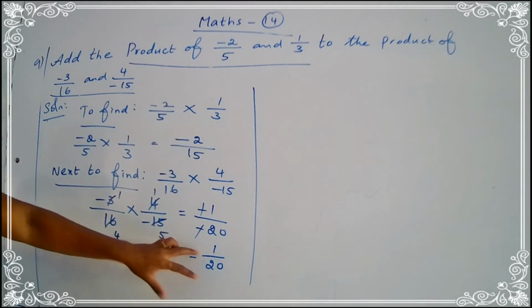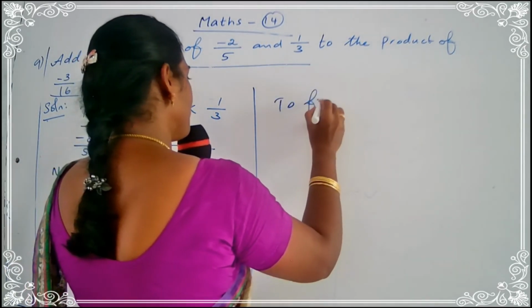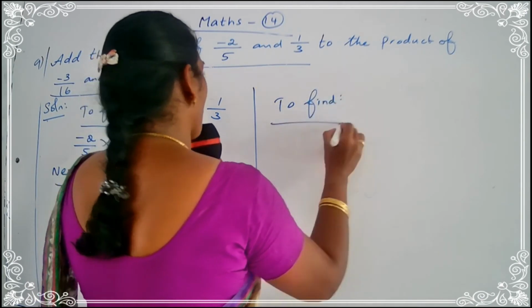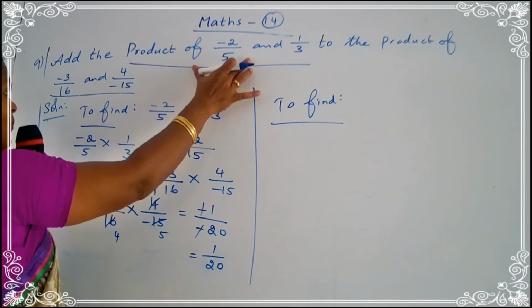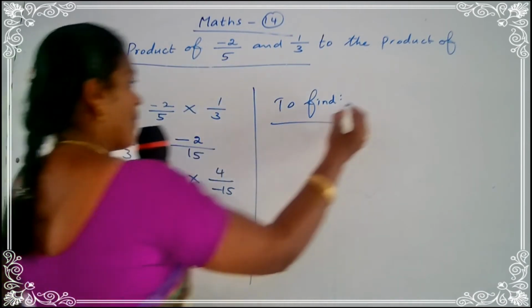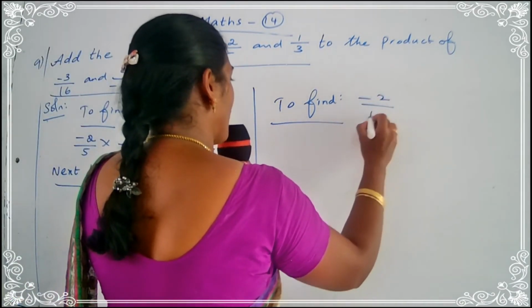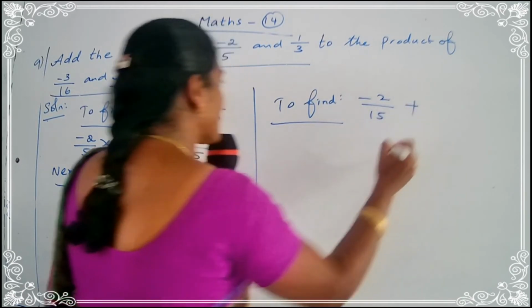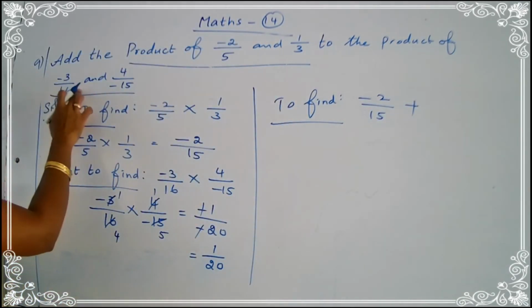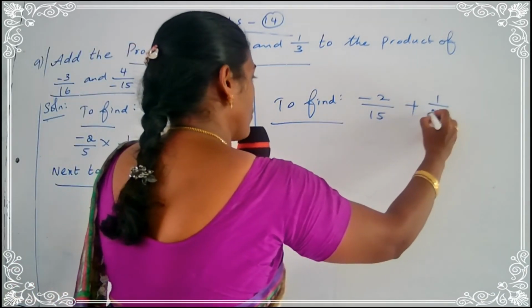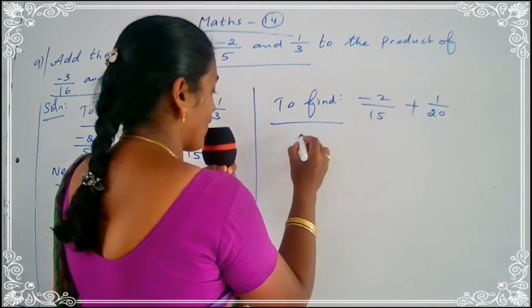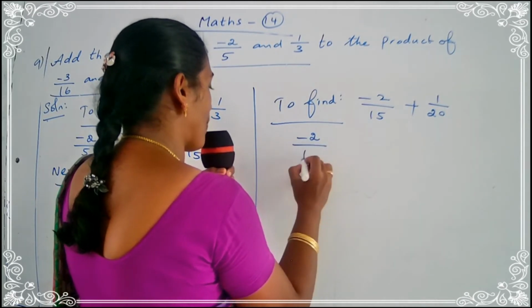Okay. So to add the product, the value of the product of minus 2 upon 5 and 1 upon 3 is minus 2 upon 15, plus the product of minus 3 upon 16 and 4 upon minus 15, whose value is 1 upon 20. Now we find the value of minus 2 upon 15 plus 1 upon 20.